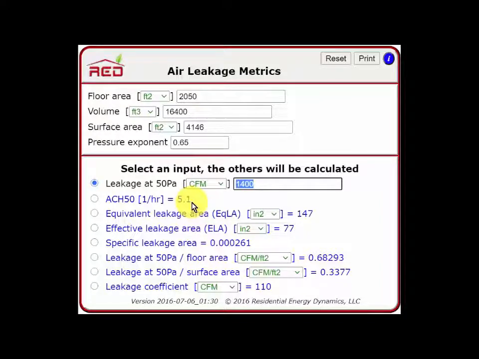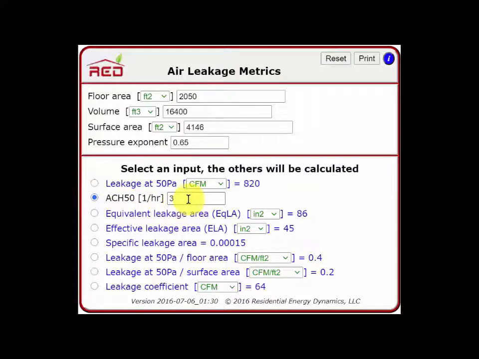Where I live in Maine, in a northern climate, that value is 3. That's already entered for me. Now notice when I entered that before, and when I click on that as the input, I can see that the corresponding CFM50 for that house is 820. So I would have to make this house significantly tighter to qualify under the International Energy Conservation Code in Maine or other northern climate state.